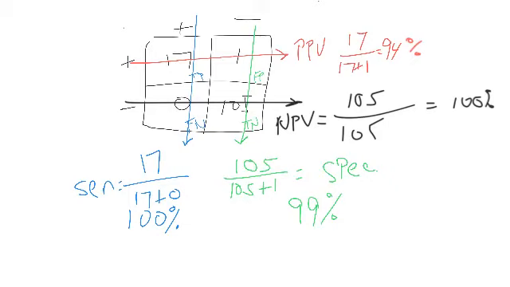Okay, so we've done sensitivity was this column. Specificity was this column. Positive predictive value was the top row. Negative predictive value is the bottom row.